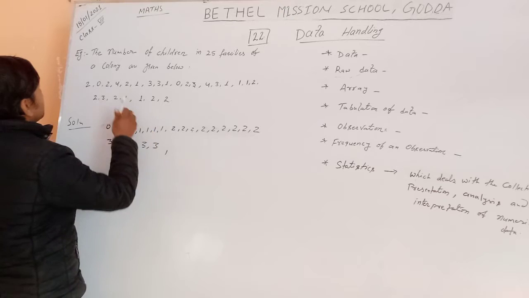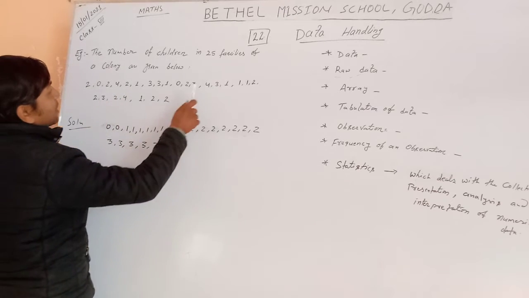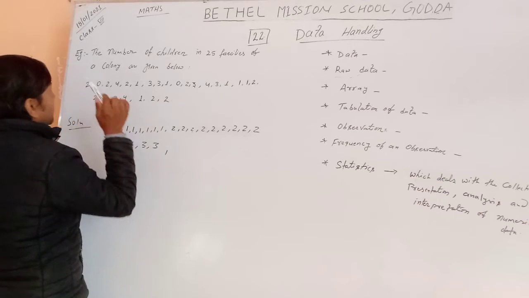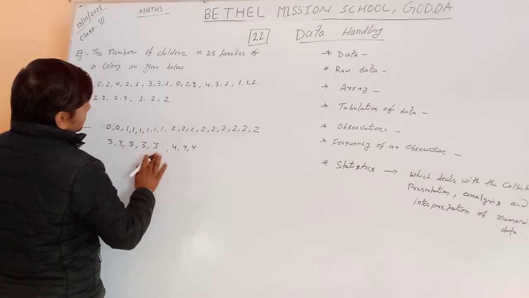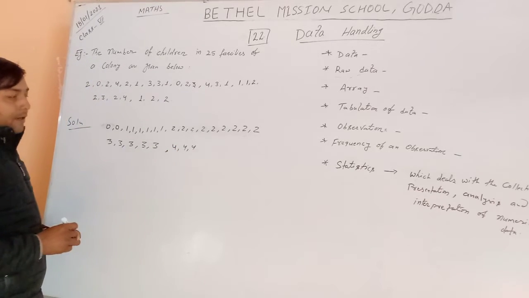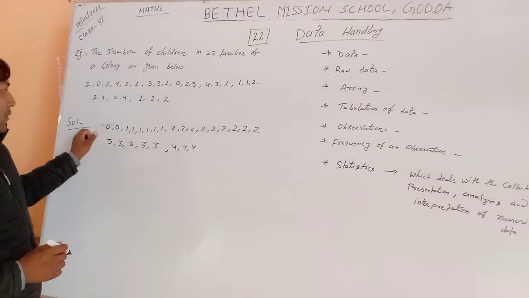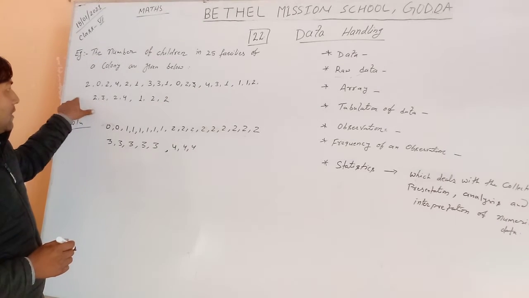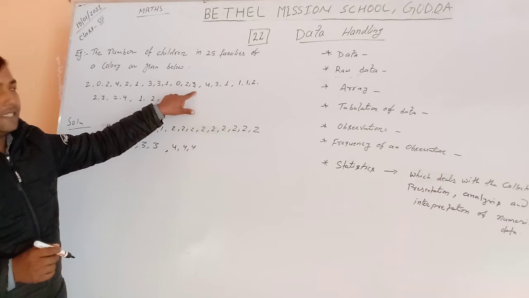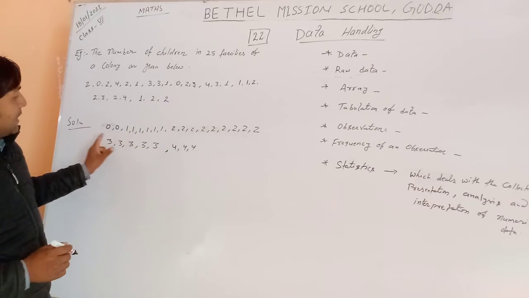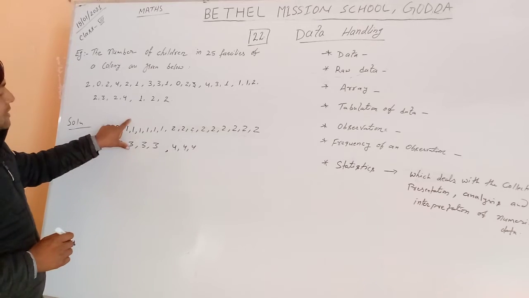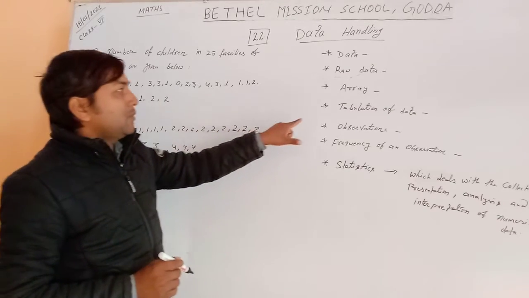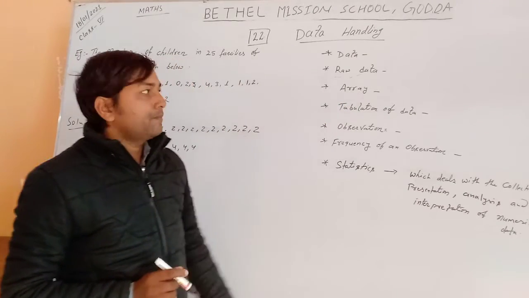How many 4s? 1, 2, 3. 3 fours. Okay, we arrange the raw data. This is the raw data in ascending order. So this is known as the array. So you have to first make the array.